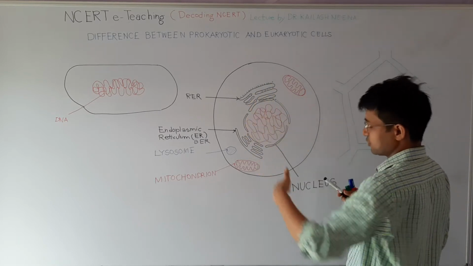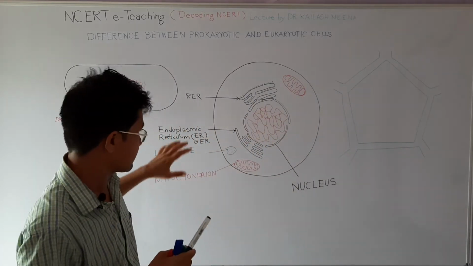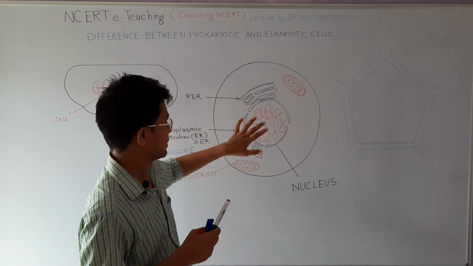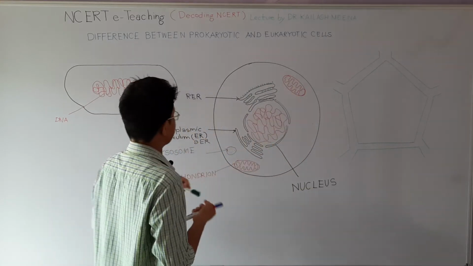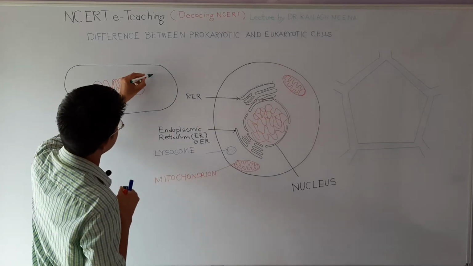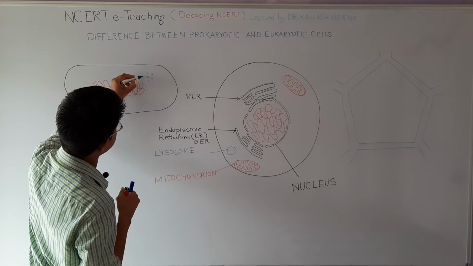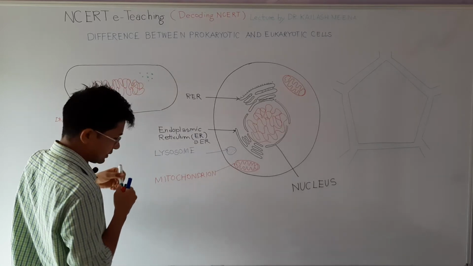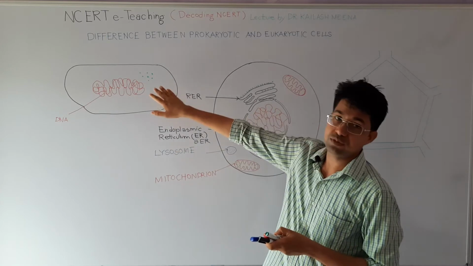Both of the endoplasmic reticulum are doing some synthesis work. So they synthesize some molecules in a cell. Let me draw these particles in this cell also. This prokaryotic cell doesn't have endoplasmic reticulum, but it does have ribosomes.